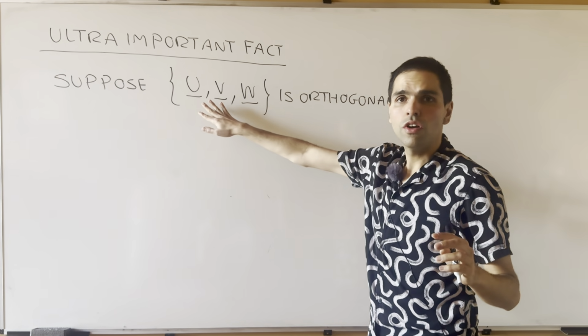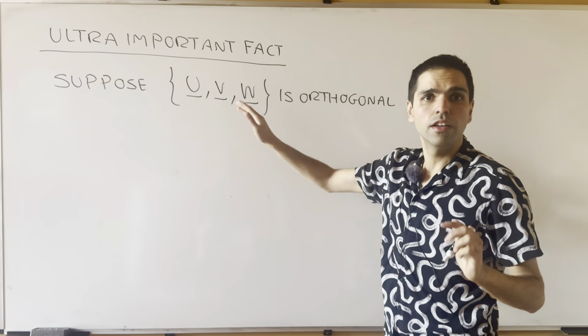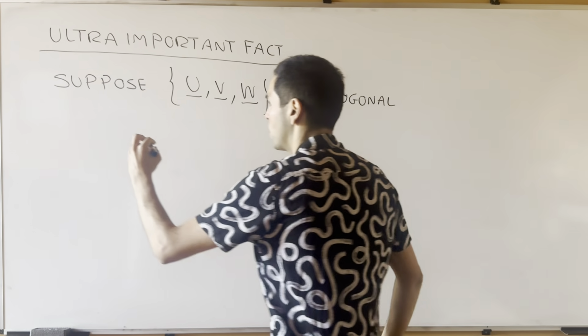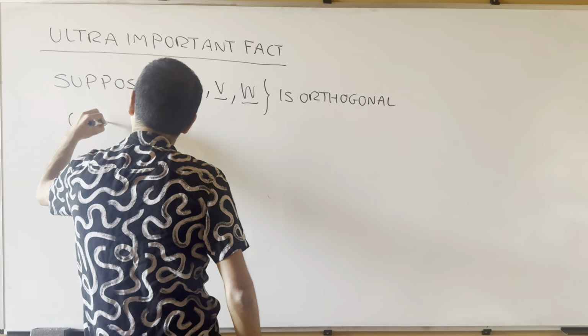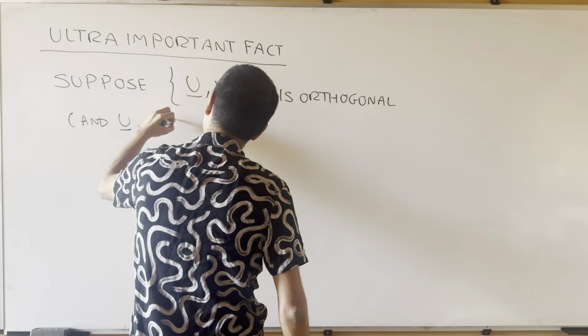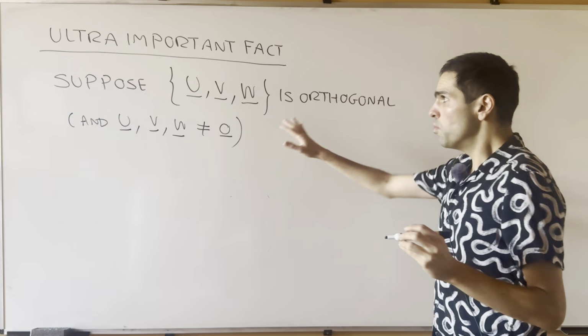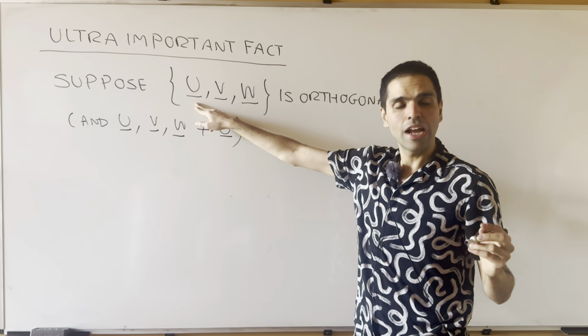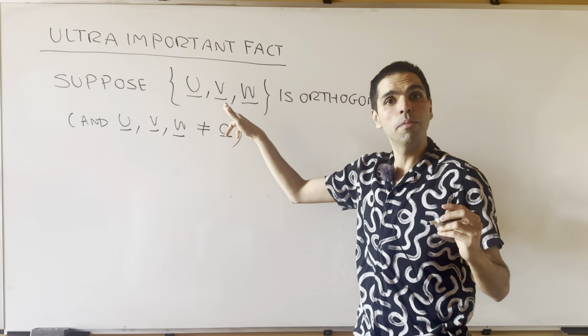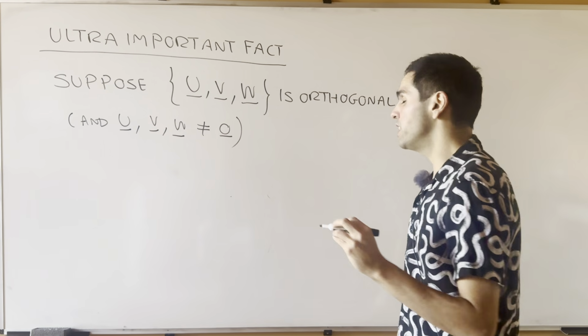And moreover, u, v, and w is non-zero. So, u, v, w is not the 0 vector. And moreover, some vector x is a linear combination of u, v, and w.